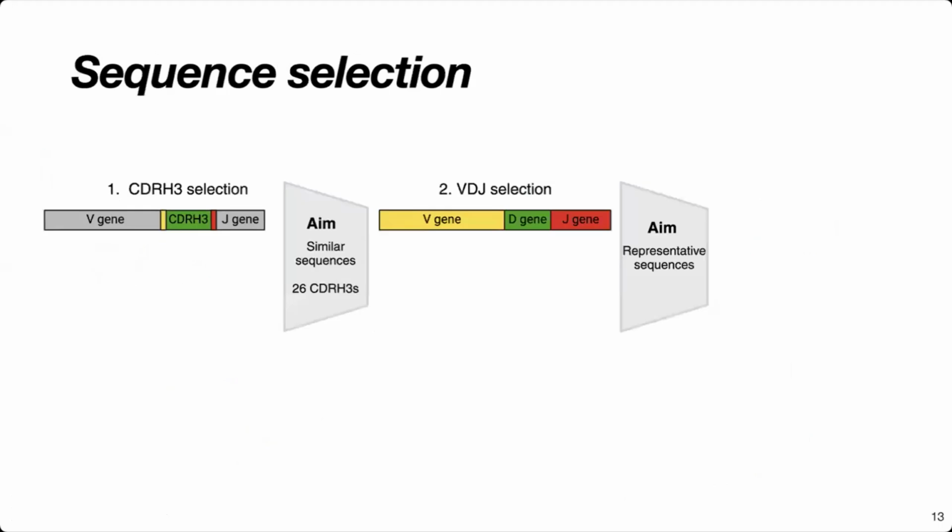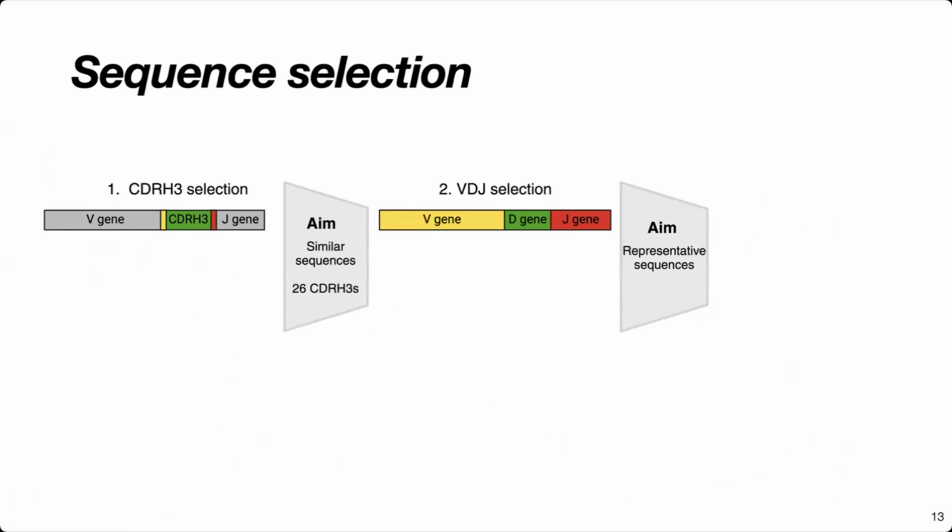So when we started with this project, we were aware that the sequence selection process is quite a critical aspect, because obviously not every single sequence in this antibody repertoire data set will be specific to this particular target antigen that we were interested in.